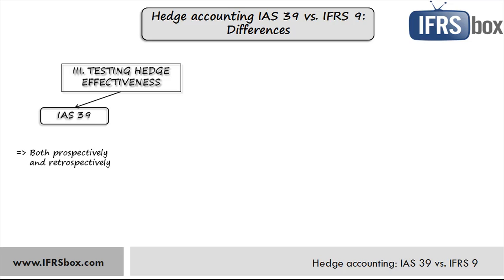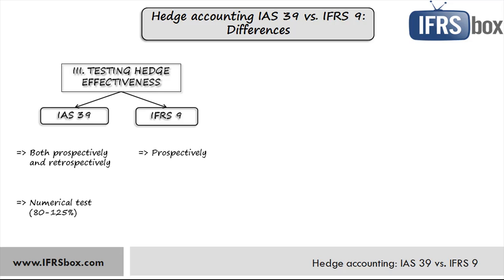A hedge is highly effective only if the offset is in the range of 80 to 125%. On the other hand, IFRS 9 requires testing prospectively, and it outlines more principle-based criteria with no specific numerical thresholds, such as existence of an economic relationship between the hedging instrument and hedged item, etc.